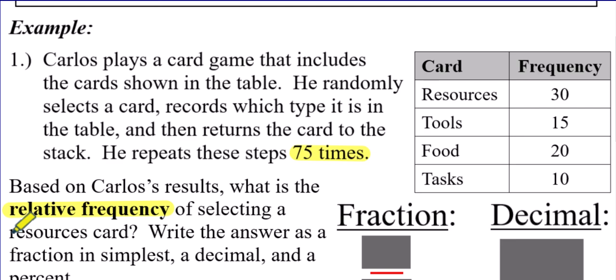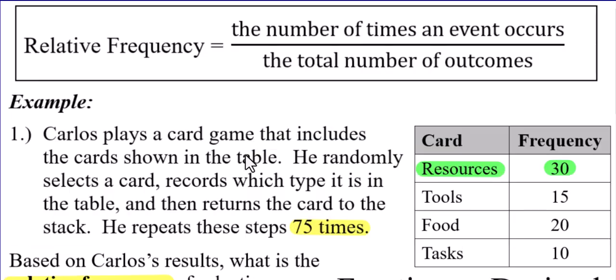So we're looking for the relative frequency of selecting a resources card. The resources card showed up 30 times. If you're not sure what the word frequency means, it means how frequently did something occur. The phrase relative frequency, as we've already mentioned, will be the fraction where the numerator is the number of times the event occurred and the denominator is the total number of outcomes.